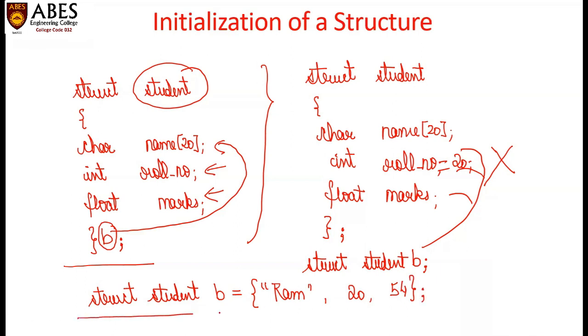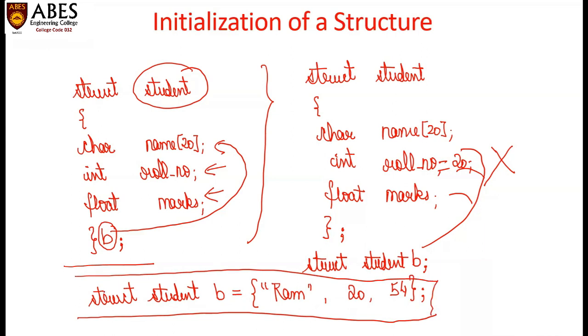So we can initialize the data members of a structure at compile time like this. Now we have fixed the data member values of B as Ram, 20 and 54. And it can be done in a sequential way. It means the name value is Ram, roll number value is 20, and marks value is 54. Okay.